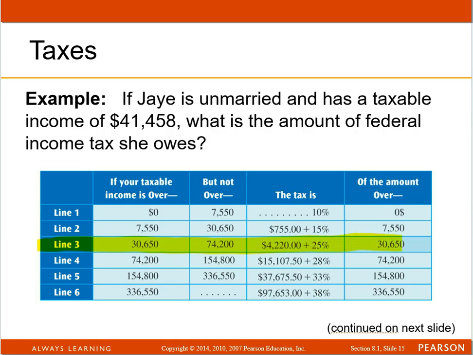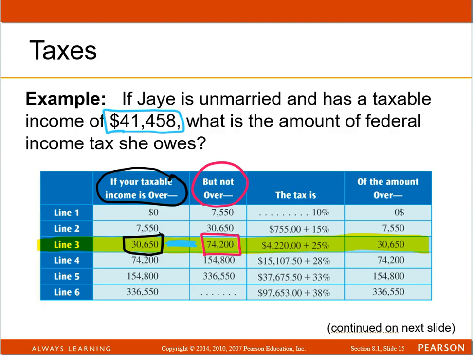There you go. This is where she would be, because it says your taxable income is over this number, but not over this number. And her number is $41,458. That would be in between these two numbers. It's over the $30,000 number, but it's under the $74,000 number.